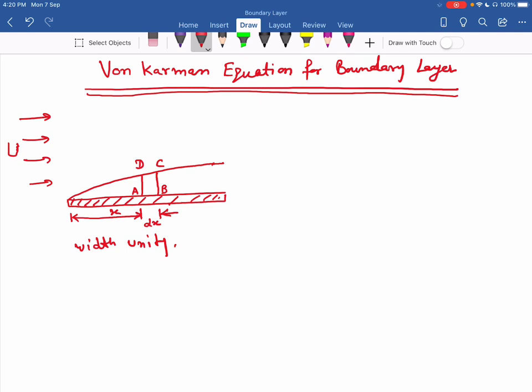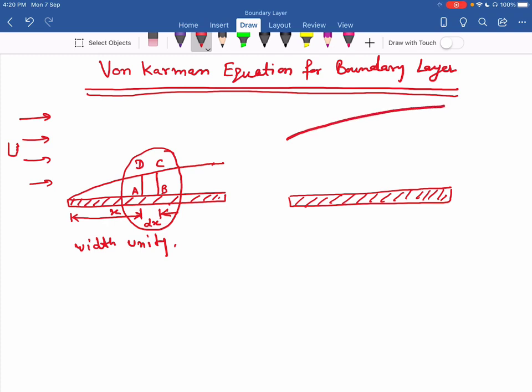Now if I try to draw this part on an enlarged section, or you can say I magnify this part, it is something like this.